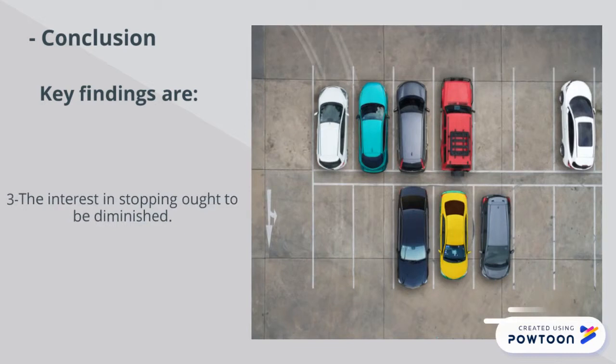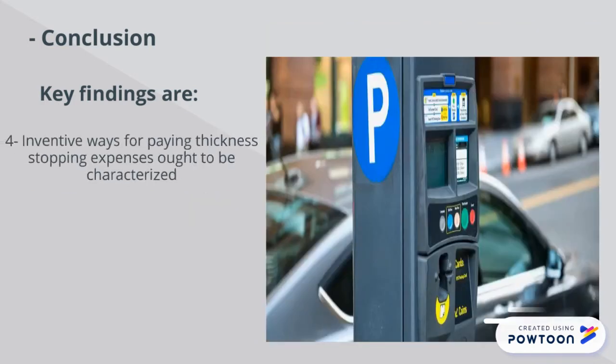Thirdly, the demand for parking ought to be diminished. Fourthly, innovative ways of paying for high-density parking expenses ought to be defined. Finally, managing parking strategies as a long-term asset is critical.